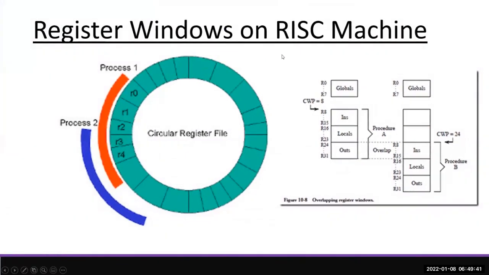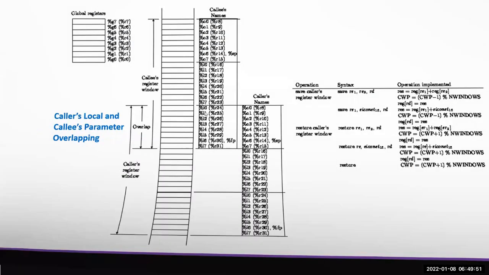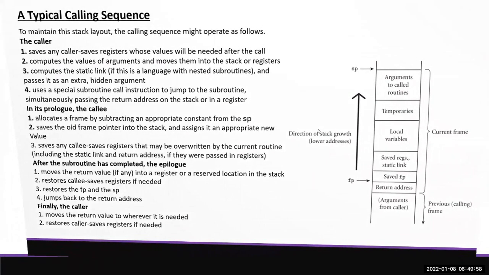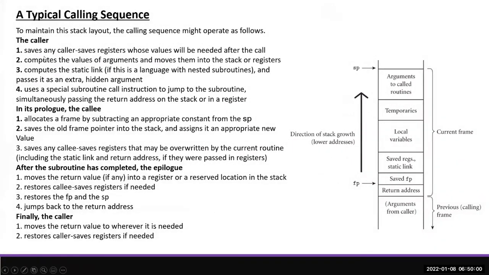And sometimes RISC machines like to use a register window, so they can share some registers between the caller and callee. This is sharing of the registers. Here we list down the typical calling sequence. You can study it, it's quite long, so we don't go into the details.